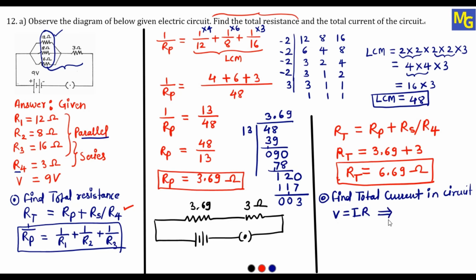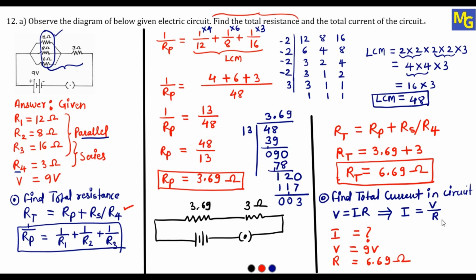So the formula will change: I is equal to V divided by R. Now substitute the values. We have the values of V as well as R. I is the question mark, V is 9 volt, and R, the total resistance we just calculated, is 6.69 ohm.